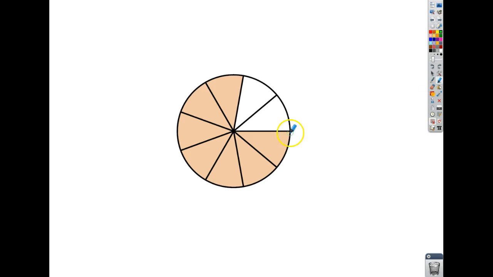Go ahead, let's try this one from here to there. All right, 360 degrees. This one is actually divided by 9 sections, which means each section is going to be 360 divided by 9.